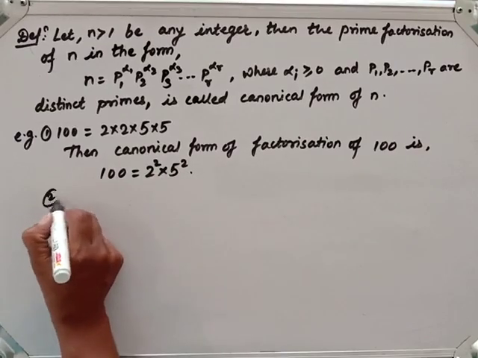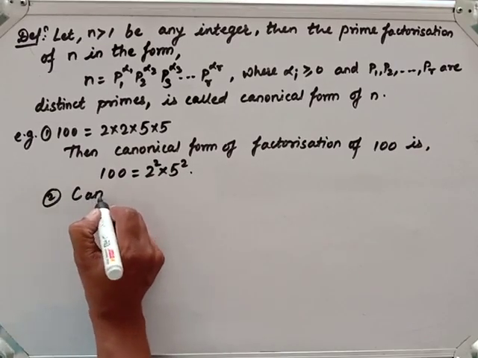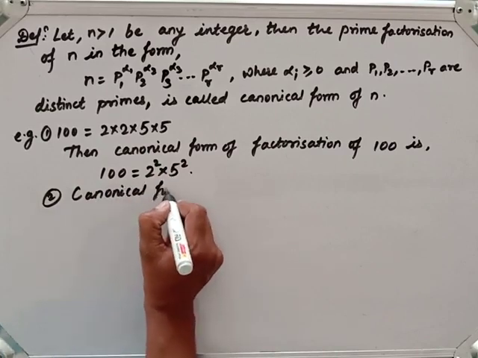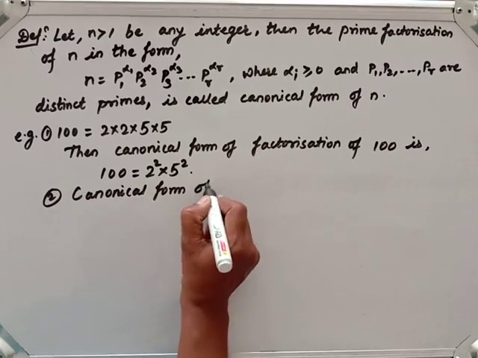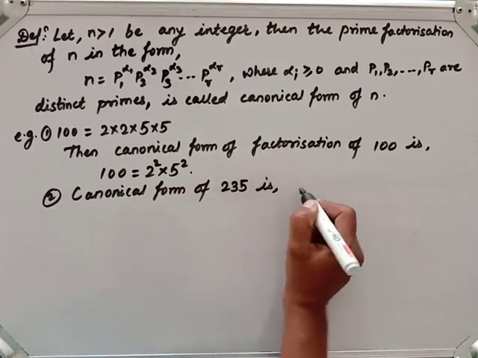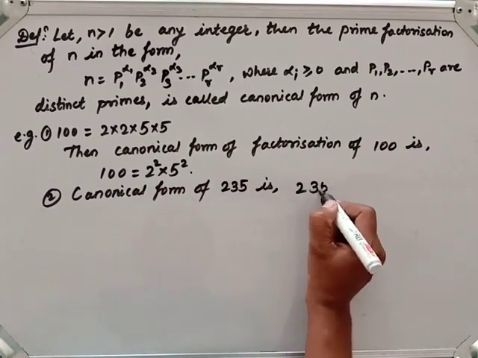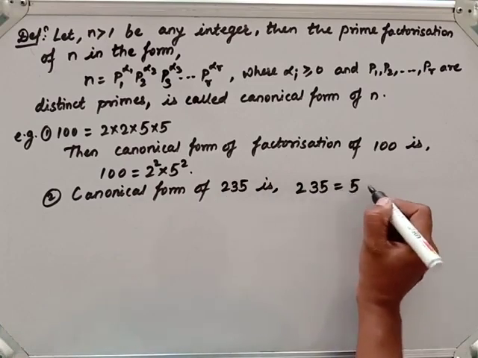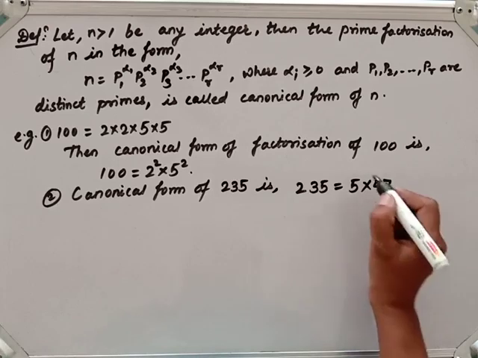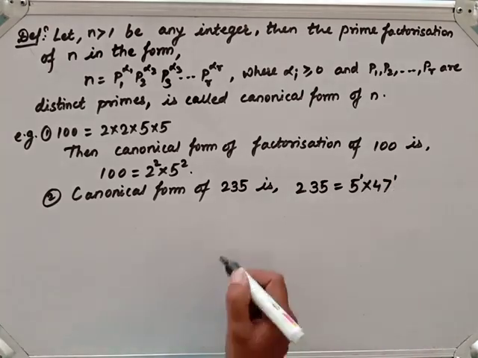Then the second one, canonical form of 235 is 235 equal to 5 into 47. Now 5 and 47 both are prime, so this is just raised to 1.